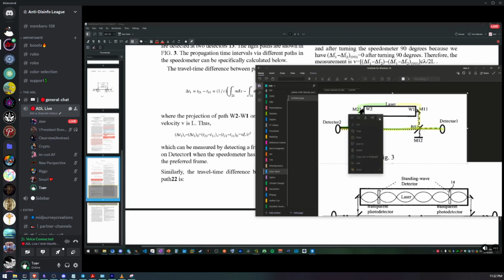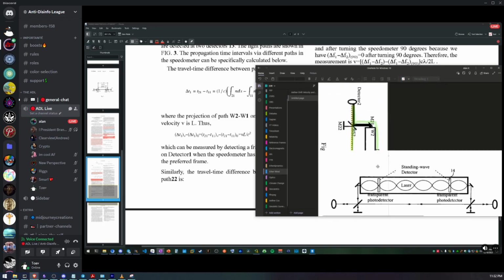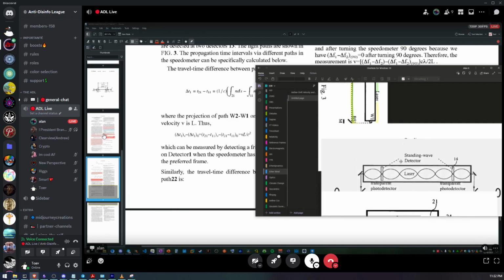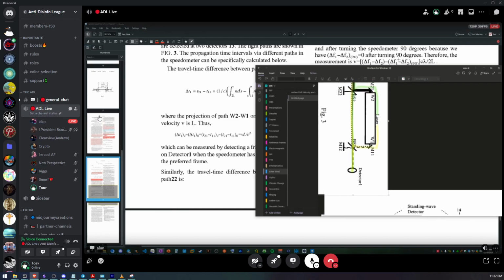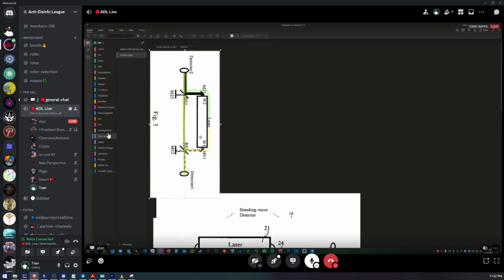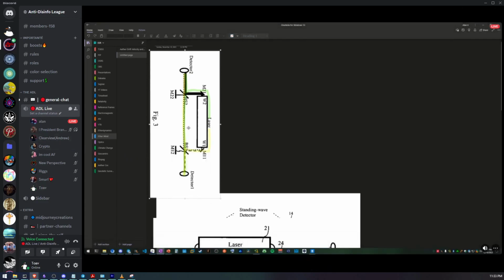I guess I need to trace it back here. Yeah, so like this. You want it oriented like this, you're saying? Yeah, I'm trying to figure out which direction is the vector of the velocity, or how this is oriented in relation to the speed.